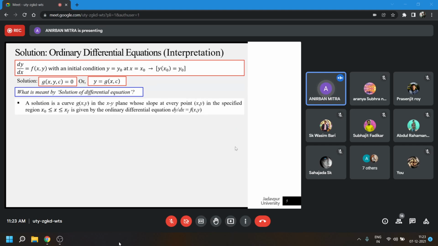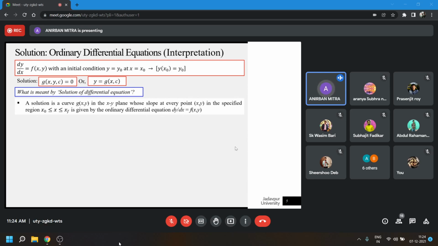We can answer that by saying that the solution is basically a curve g(x,y) in the xy plane, whose slope at every point (x,y) in the specified region or domain of x varying from x0 to xf is given by that ordinary differential equation dy/dx = f(x,y).